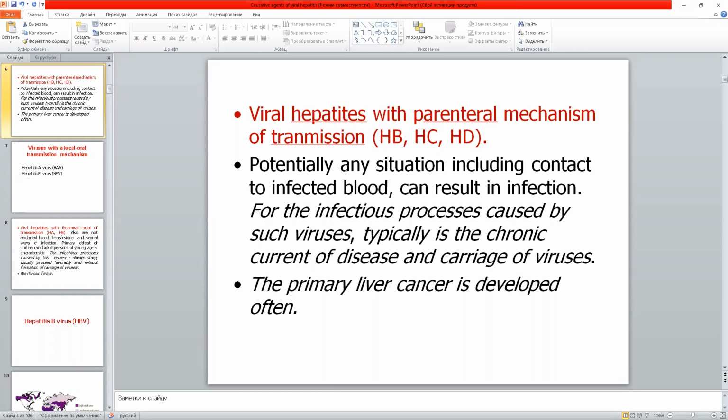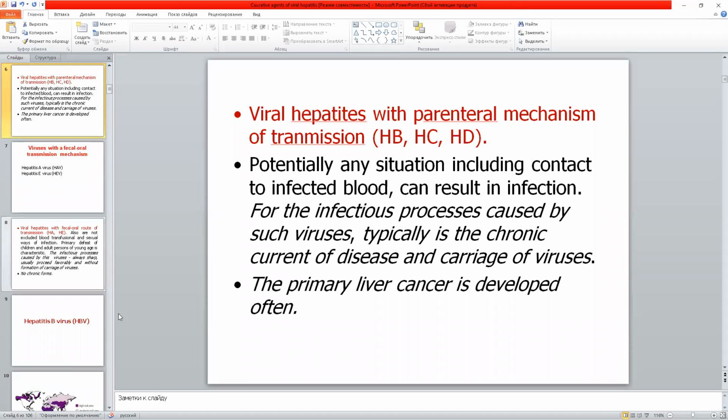So blood contact mechanism. For the infectious processes caused by such viruses, typically is the chronic course of disease and carriage of viruses. Some patients have clinical symptoms if they are infected by these viruses.